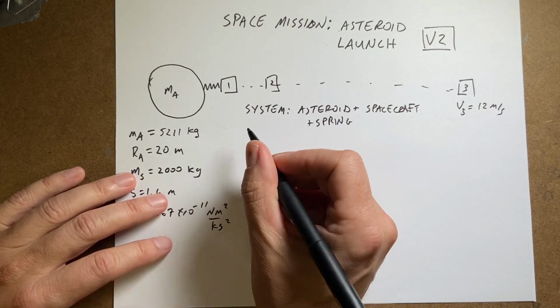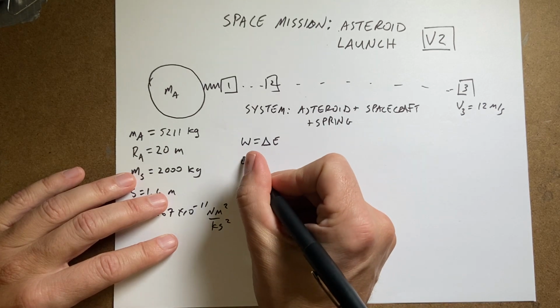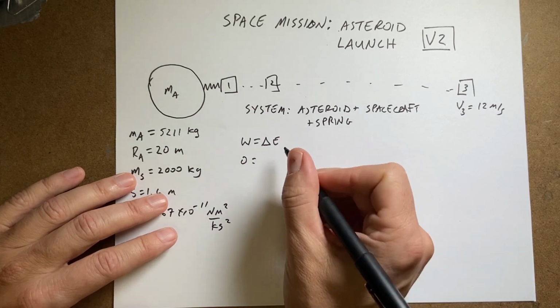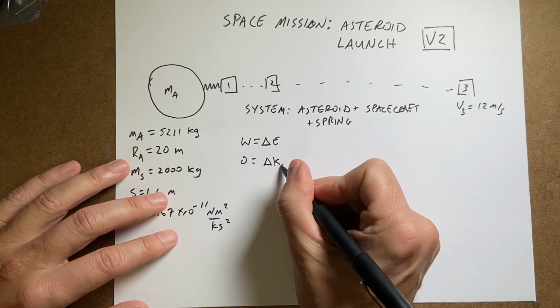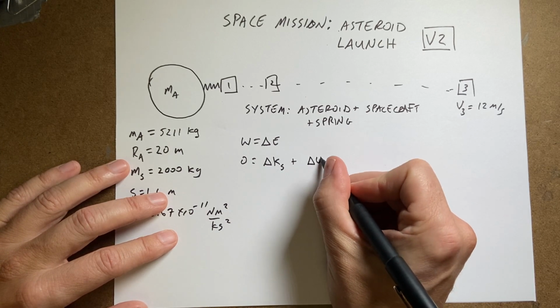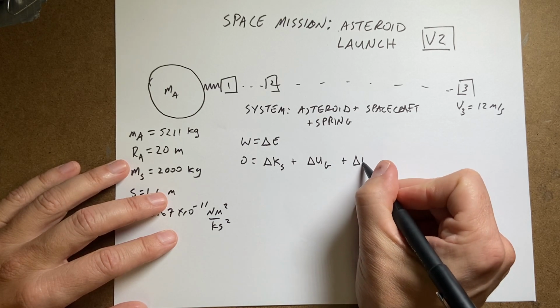So I'm going to say work is the change in energy, but there's no work done, so I have 0. Now, what's the change in energy? I'm going to write this out as delta K spacecraft plus delta gravitational potential plus delta U spring.